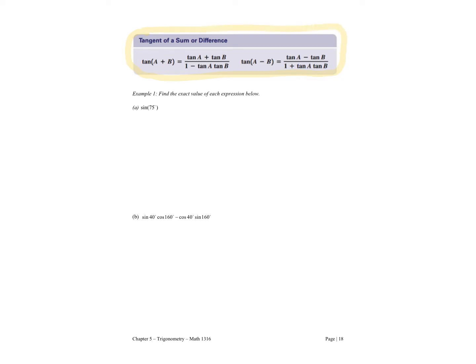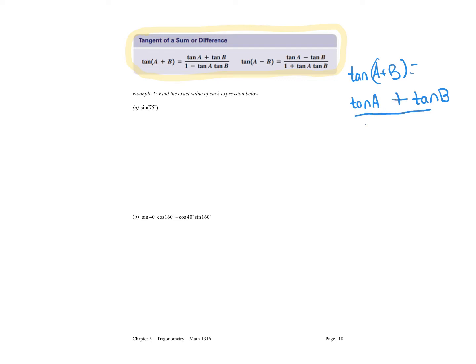And for this one, I just remember everyone takes turns and the signs flip-flop. So for this one, tangent of A plus B is going to equal tan A plus tan B. If this sign is plus, then you plus on top.